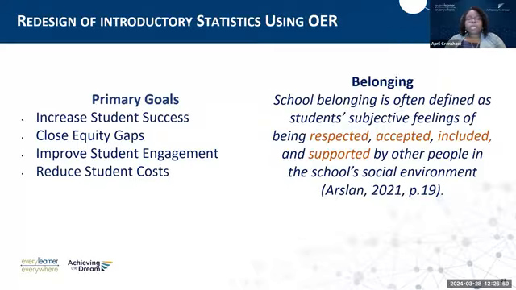We decided that we were going to redesign our introductory statistics using OER. Why we chose that class, and our primary goals for that redesign, were to increase student success. On our campus, historically, success rates were around 61%.